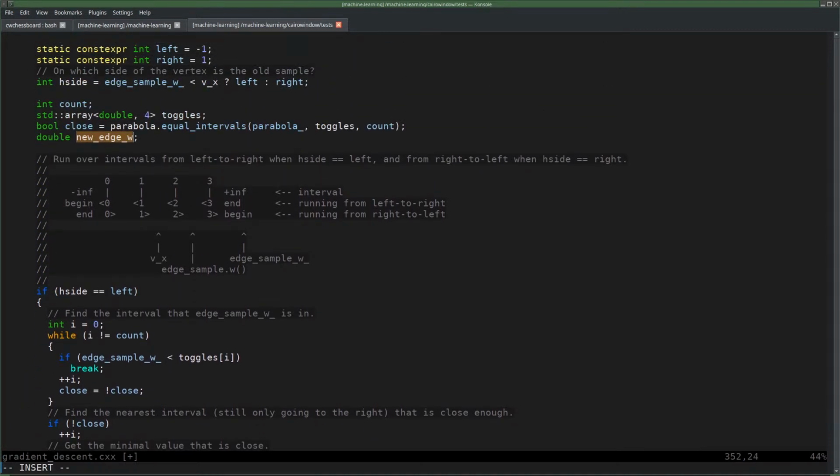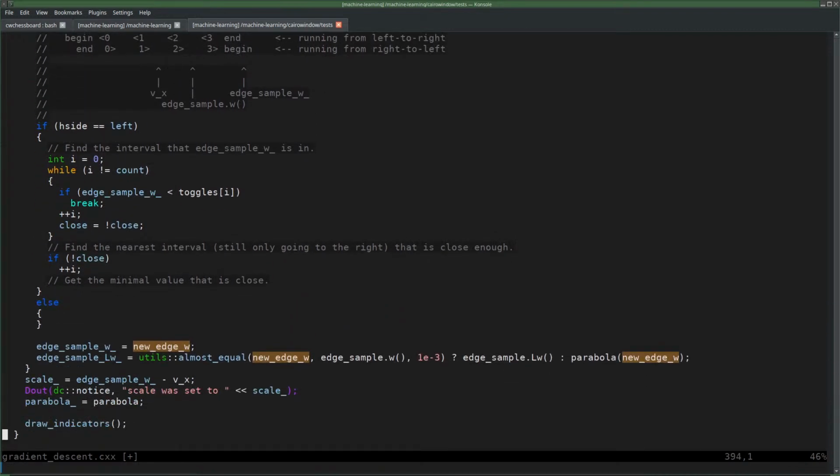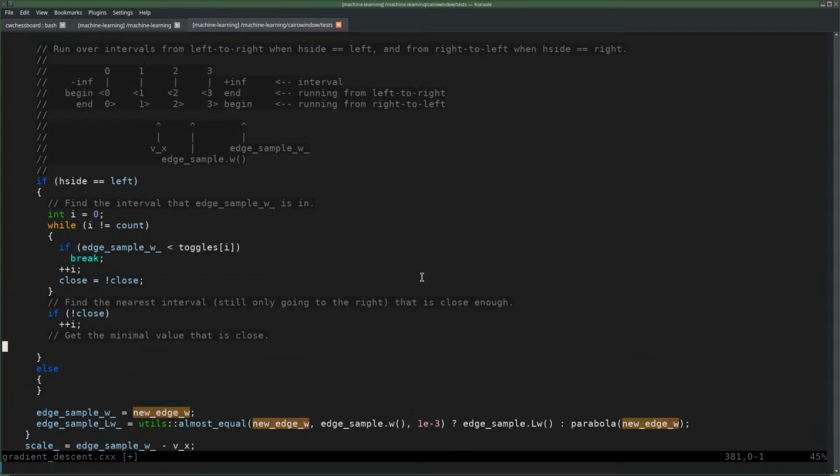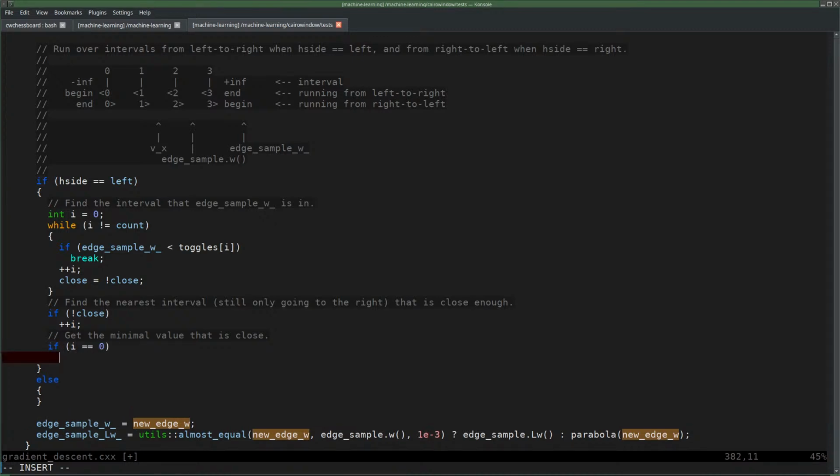I'm just going to initialize it with VX. So if I equals 0, then we are in the minus infinity range of interval.